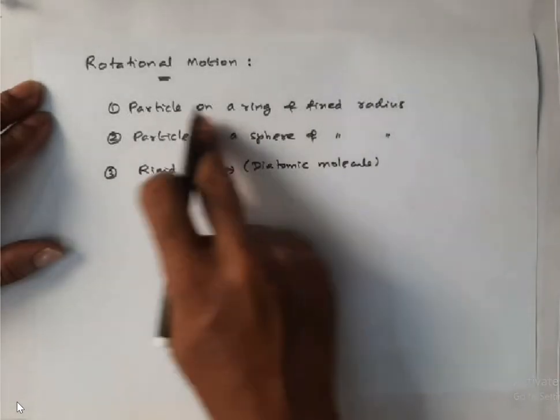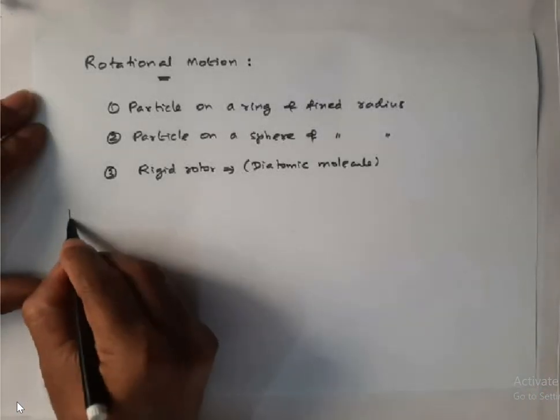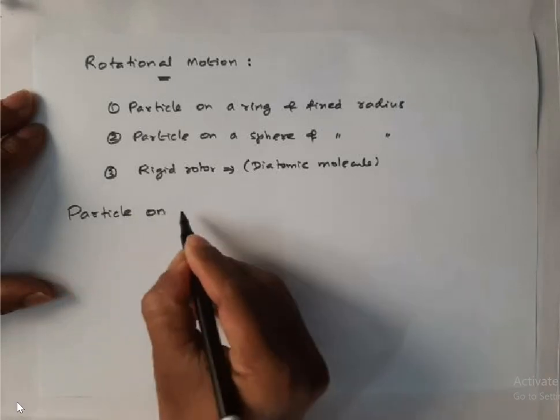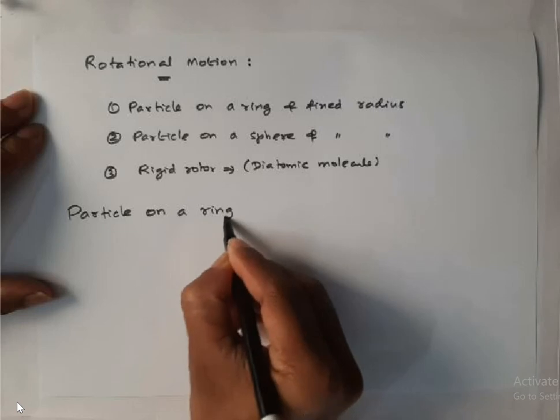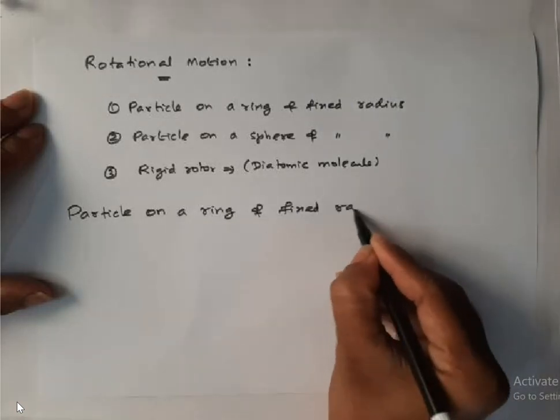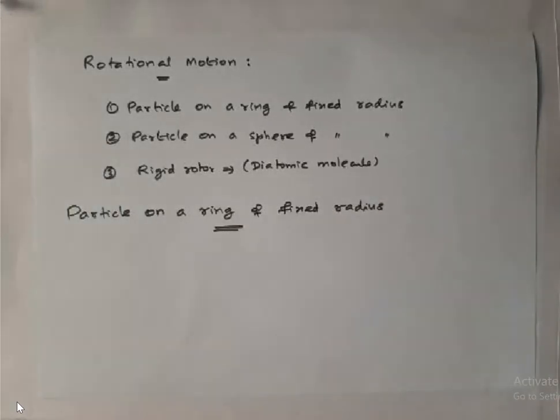So first let me start with the particle on a ring of fixed radius r. Particle on a ring of fixed radius. So radius is constant, that's the meaning.